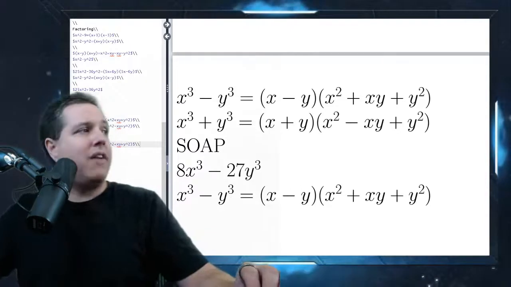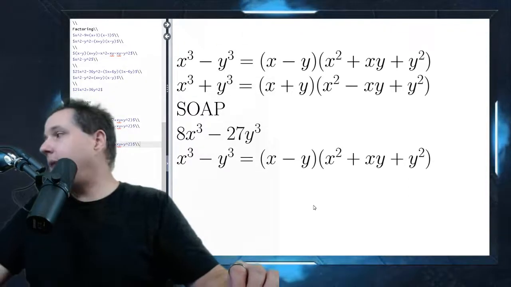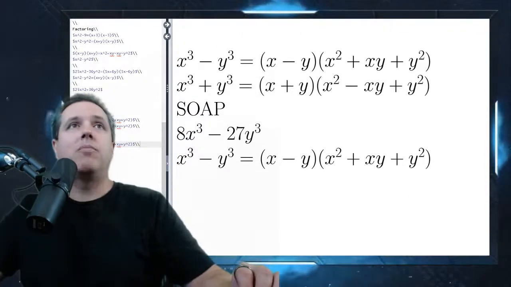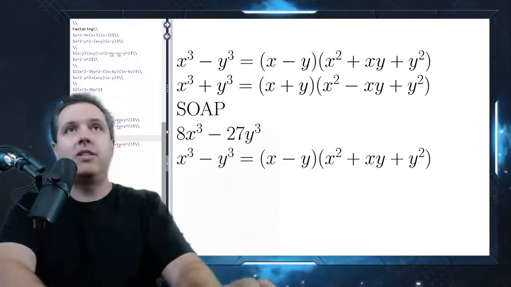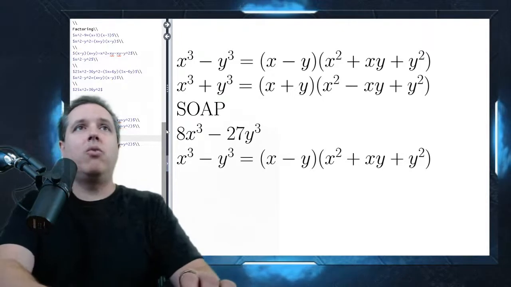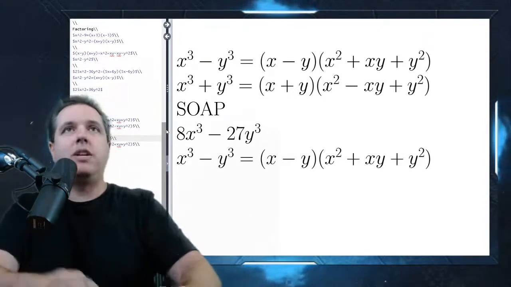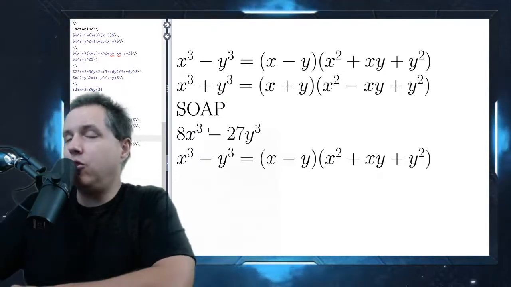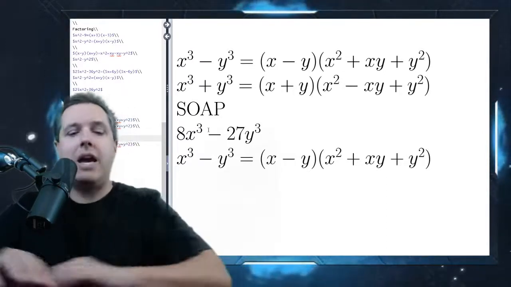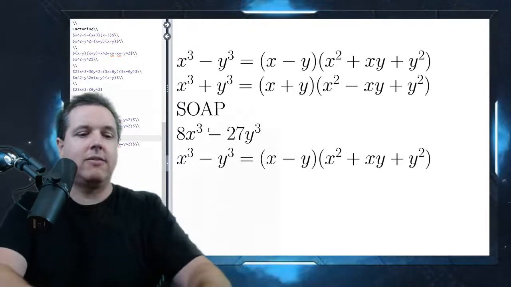Okay, now that we have that established, I've got my roadmap. How am I going to work my way through the problem? Well, I know I've got some parentheses. So what are the things that are being cubed here? What do I cube to get 8x cubed? Well, 8 is 2 cubed, so it would be 2x. So I'm going to have 2x.